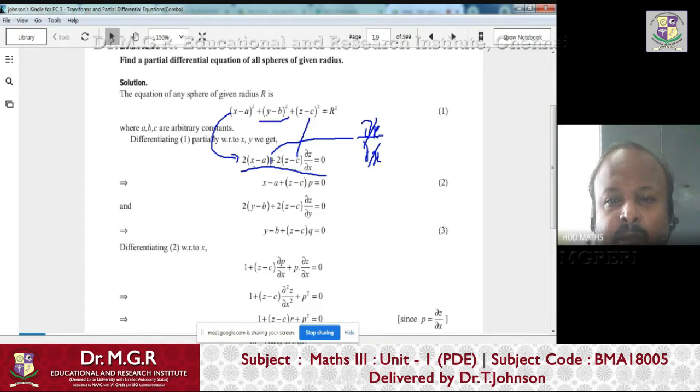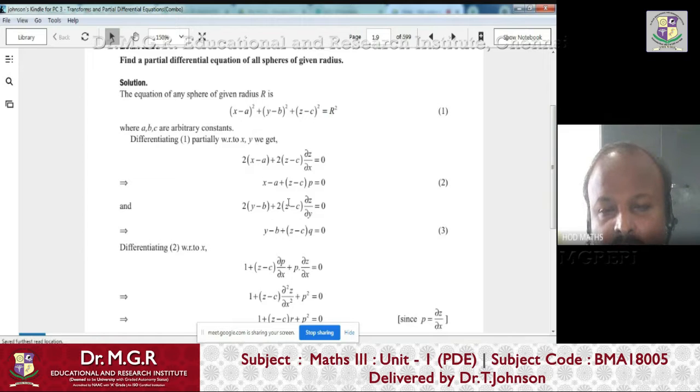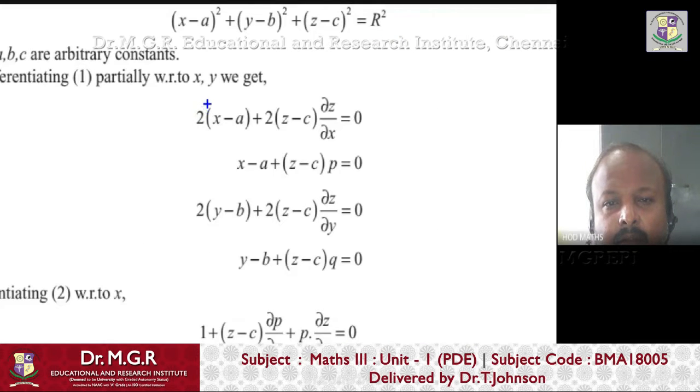And as far as y minus b is concerned, it is like a constant because you are partially differentiating with respect to x, so it becomes 0. Similarly, r is a constant, so it also becomes 0. Now cancelling 2 and 2, you get (x minus a) plus (z minus c) dou z by dou x.